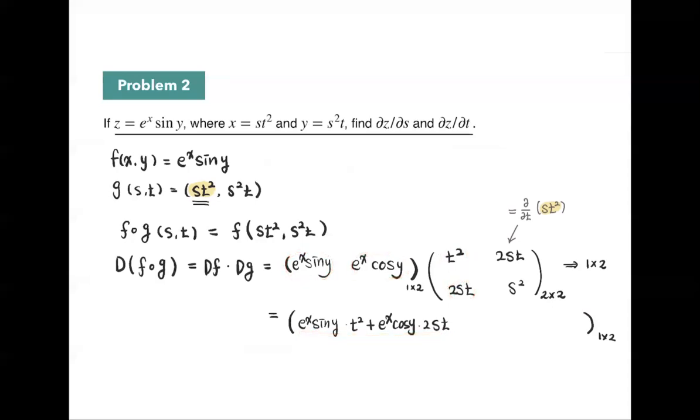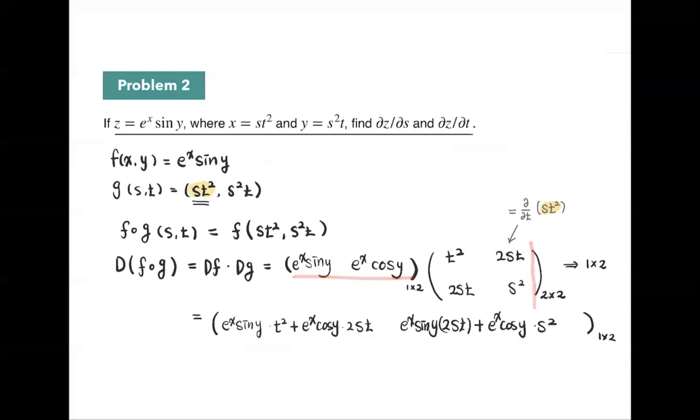And the second one is given by e to the x sine y times 2st plus e to the x cosine y times s squared. Okay.